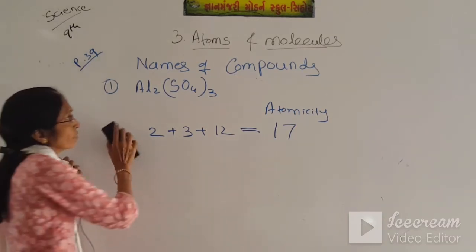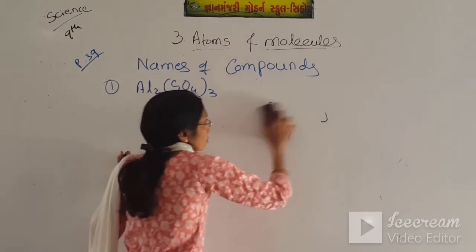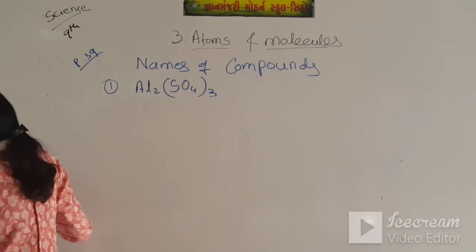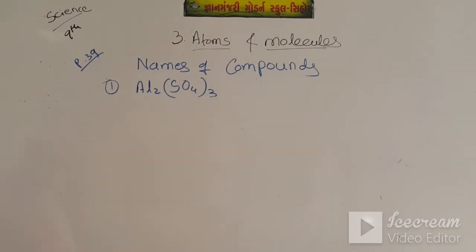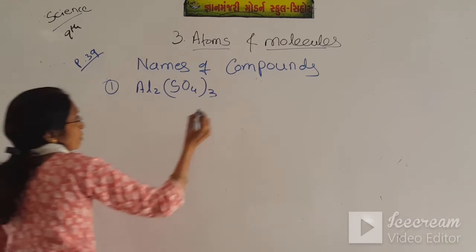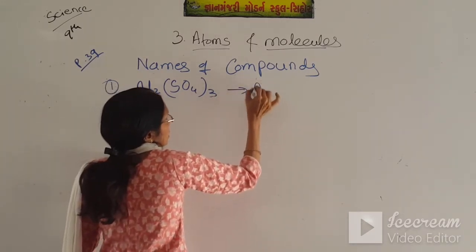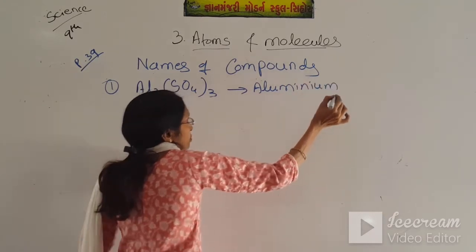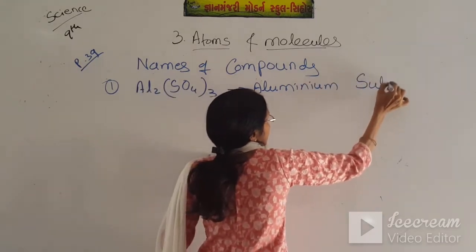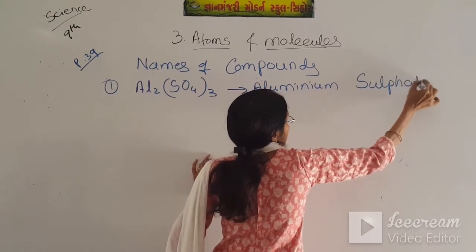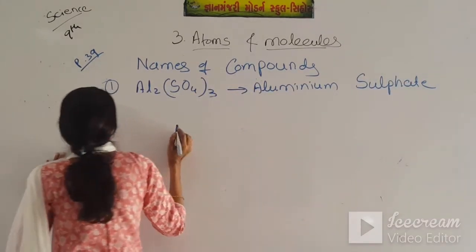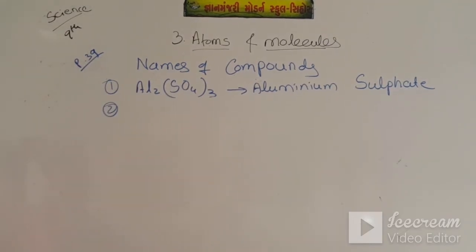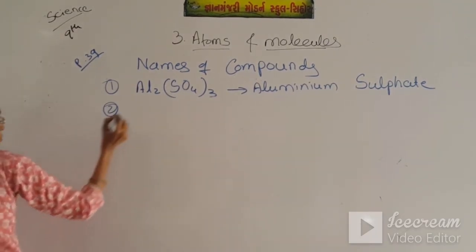Here the question is different. What is the name of this compound? This is aluminium sulfate. Now number 2. CaCl2.